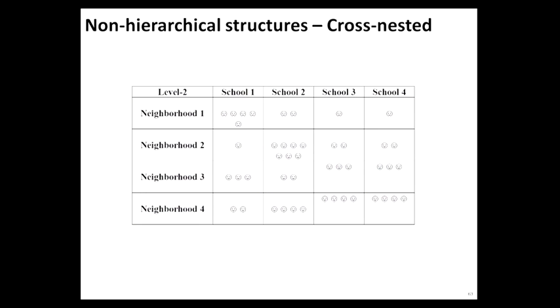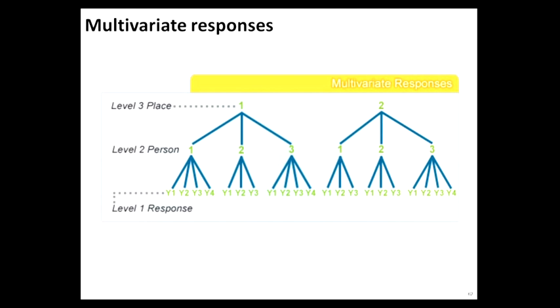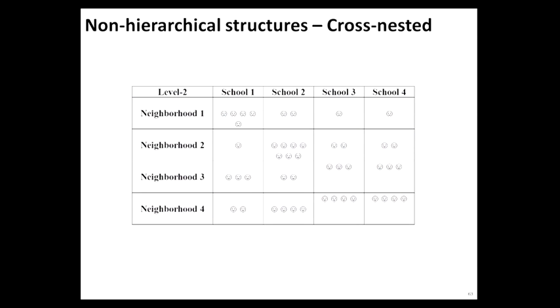Those were some examples of hierarchical structures. If you look at all the pictures before, the lower level unit is nested within only one higher level unit. But life is not hierarchical. Life can be non-hierarchical, it can be cross-nesting. So what I'm showing here is a case.